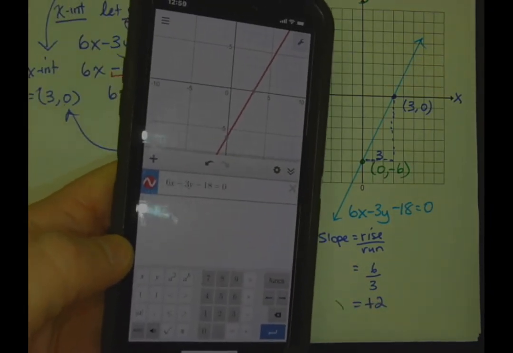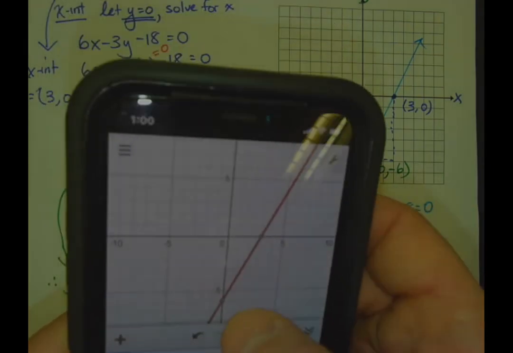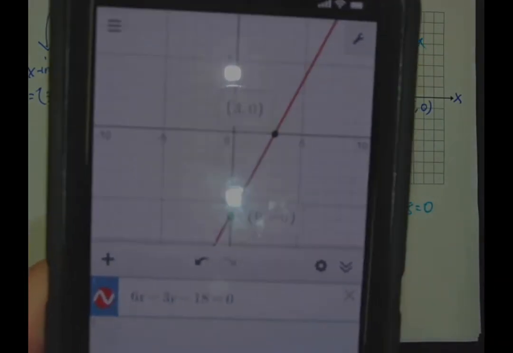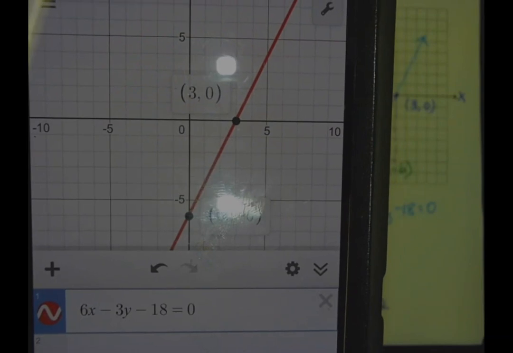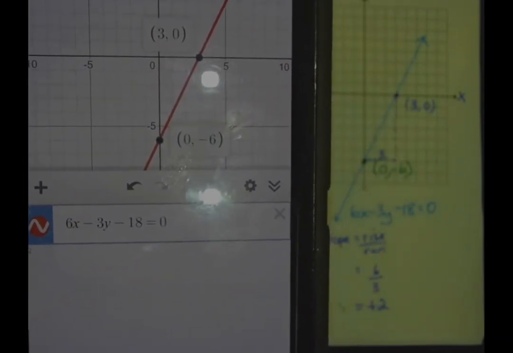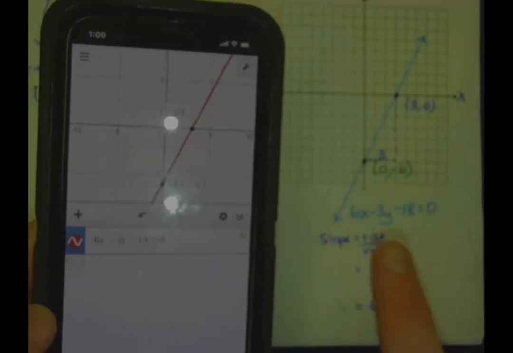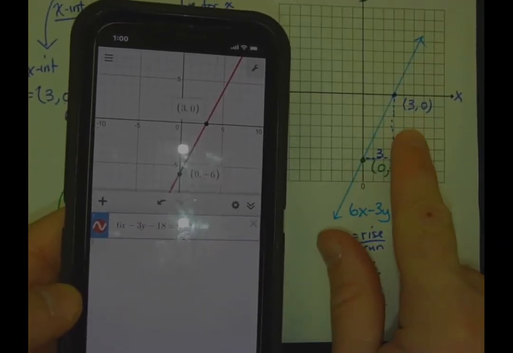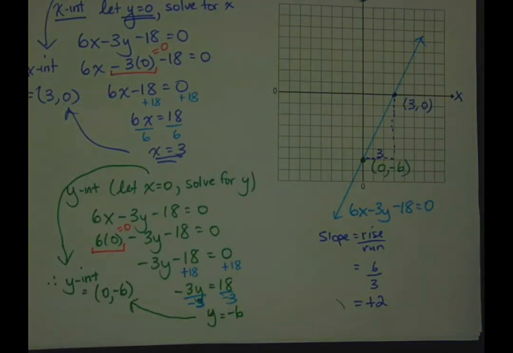If you look at that graph and the graph on my phone, it's the same thing. I can tap the graph, and 3, 0, and 0, negative 6 are the same points that I have there. So it allows you a little bit of a check.